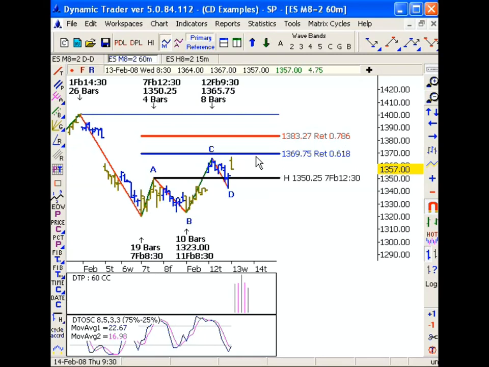Plus, let's take a look at another factor, and that's the time factor down here. Now, I haven't put all the time relationships right on the chart. I just used the dynamic time projection report, which does all those relationships and gives a score for each bar, as you've seen in prior examples.